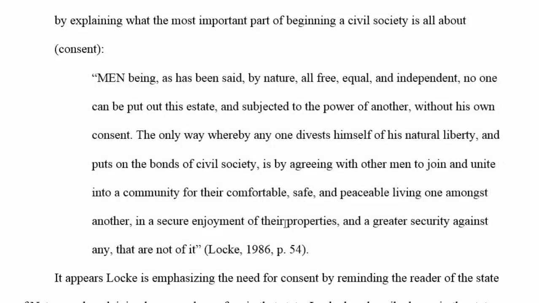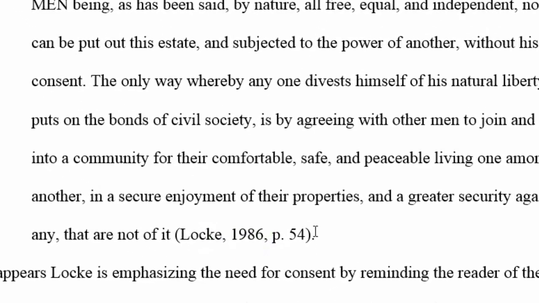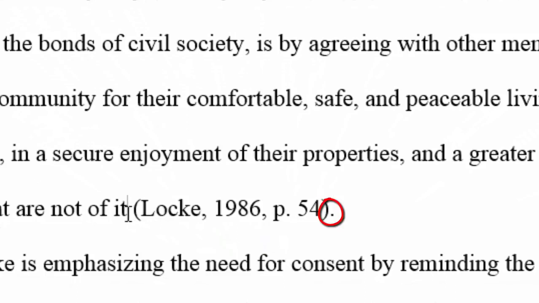So next, because I have indented this entire quotation, the indenting takes the place of the quotation marks, so I need to get rid of those beginning and ending quotation marks. The other thing I need to change is to move that period to be after the word it, that last quoted word. This is different from the example I showed you before.